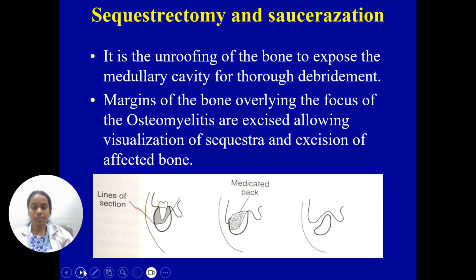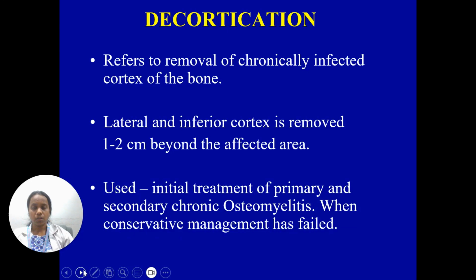If the infection is more pronounced, then sequestrectomy along with saucerization, that is, along with the sequestral removal, unroofing of the bone to expose the medullary cavity for thorough debridement should be done so that there is no residual infection left. Margins of the bone overlying the focus of the osteomyelitis are excised, allowing the visualization of the sequestra and the excision of the affected bone.